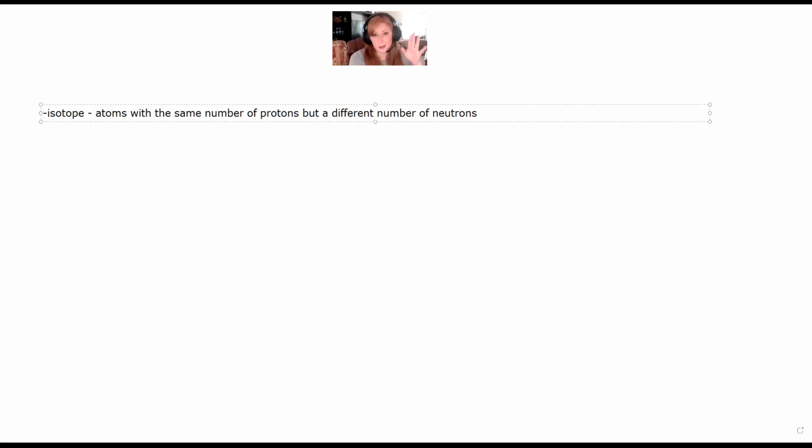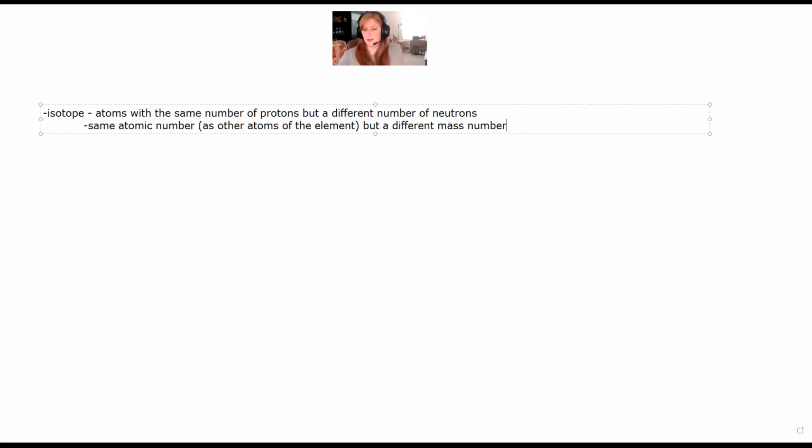Okay, I'm going to throw in some vocabulary here to make you feel fancy. Essentially, this means that they have the same atomic number as other atoms of the element, but they have a different mass number.